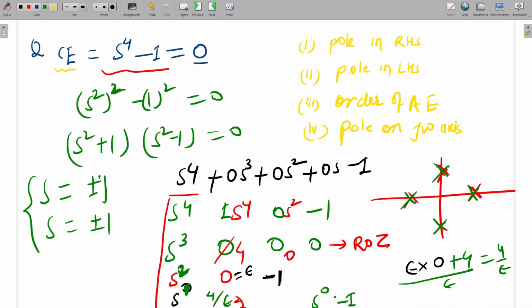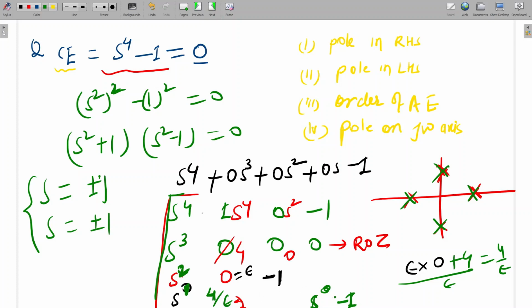See, this is our auxiliary equation. Below the auxiliary equation, we have one sign change. This 4 by epsilon is a positive value and s to the power 0, which is equal to minus 1, is a negative value. So from here to here, one sign change is there.